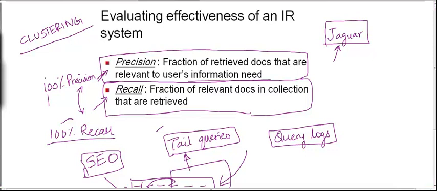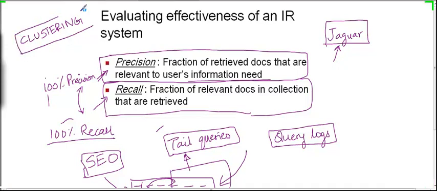So if you just type the word Jaguar, some search engines may want to cluster the results that they return into different meanings of the word Jaguar, right? So you would see one set of results for Jaguar the animal, you would see another set of results for Jaguar the car, and so on.